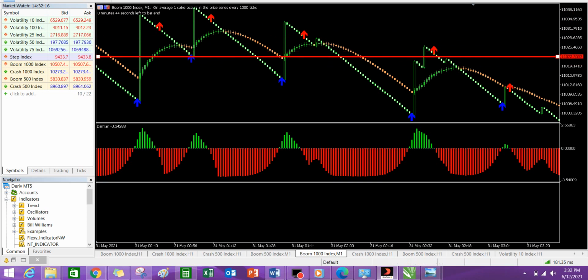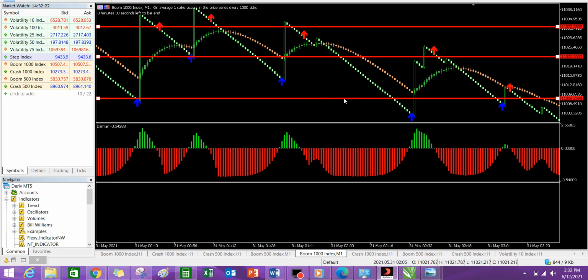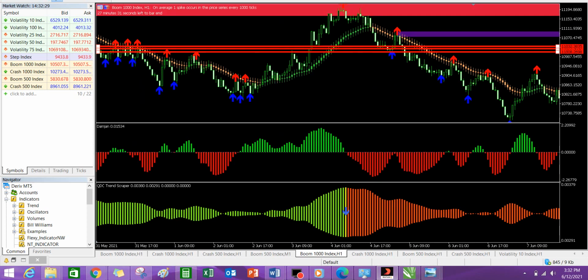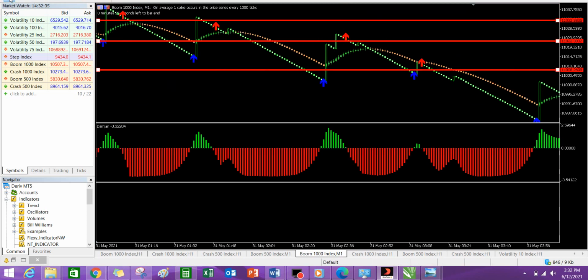I would love to introduce other horizontal lines here too, so let me do it this way. Control Z. Let me take it back to 1 hour time frame. Okay, let me do it on 1 minute time frame rather. I'm going to change some colors right now.